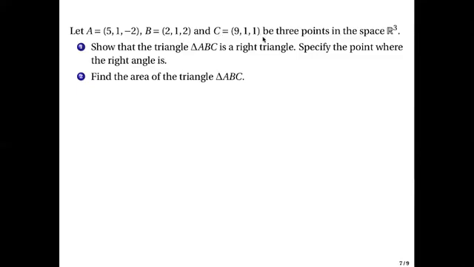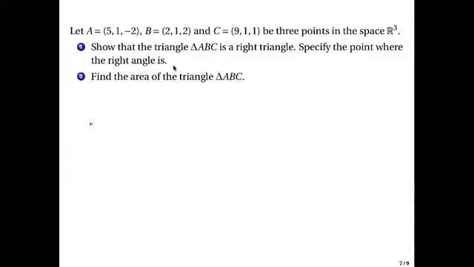Let these be 3 points in the space R3. We want to show that the triangle ABC is a right triangle. We want to specify the point where the right angle is. Okay?